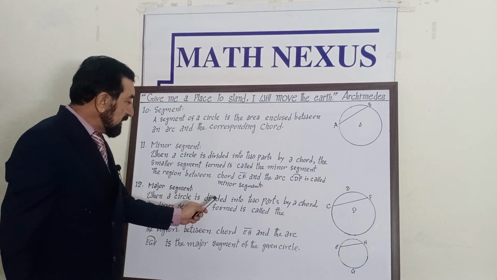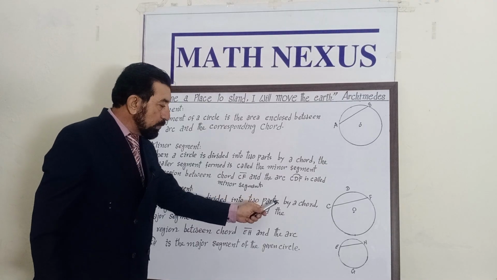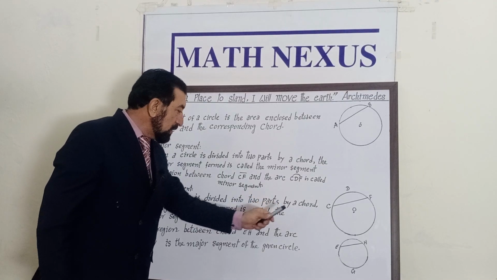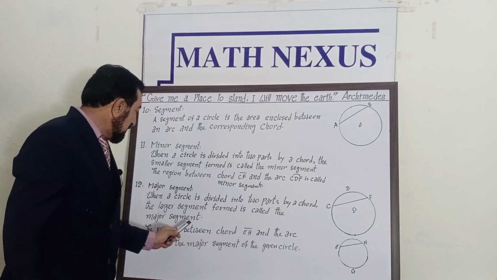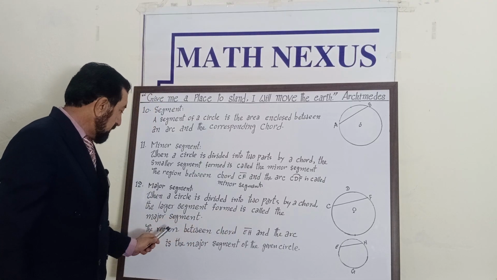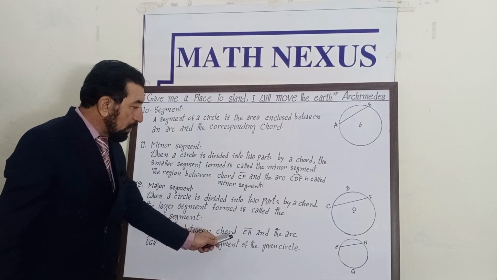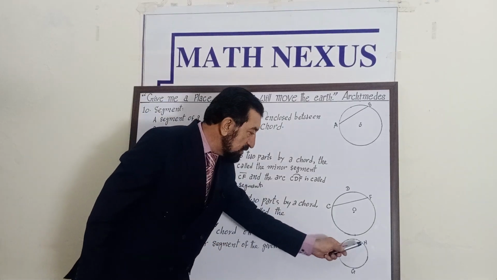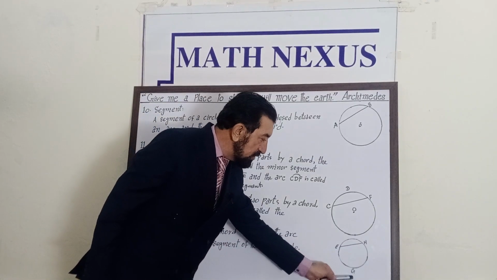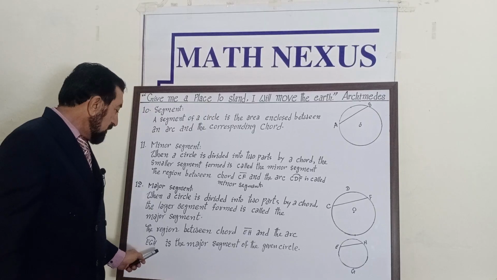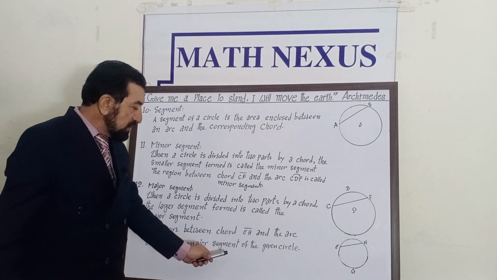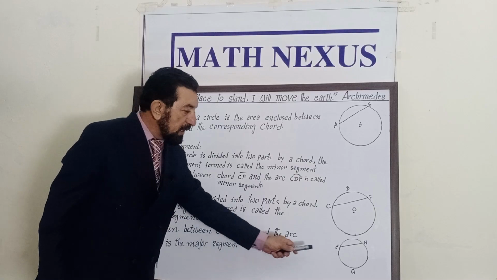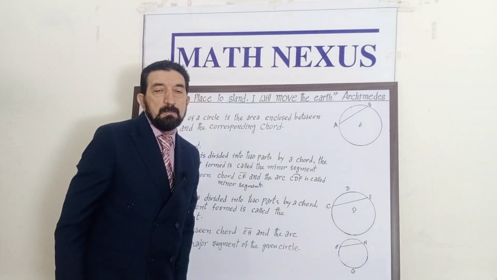When a circle is divided into two parts by a chord, the larger segment formed is called the major segment. The region between chord EH and the arc EGH is the major segment of the given circle.